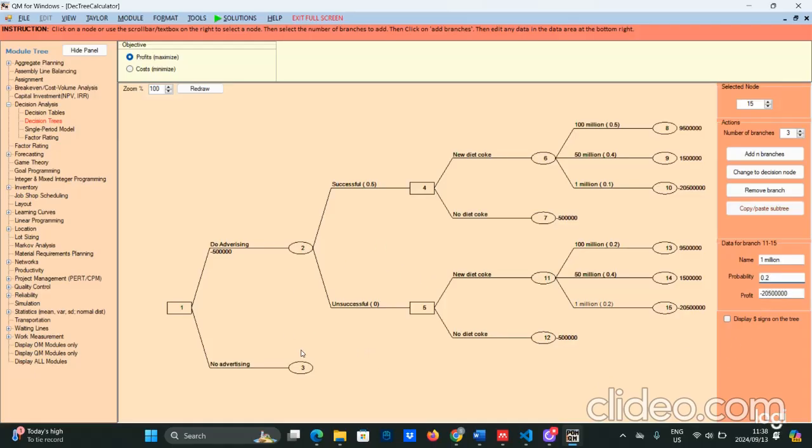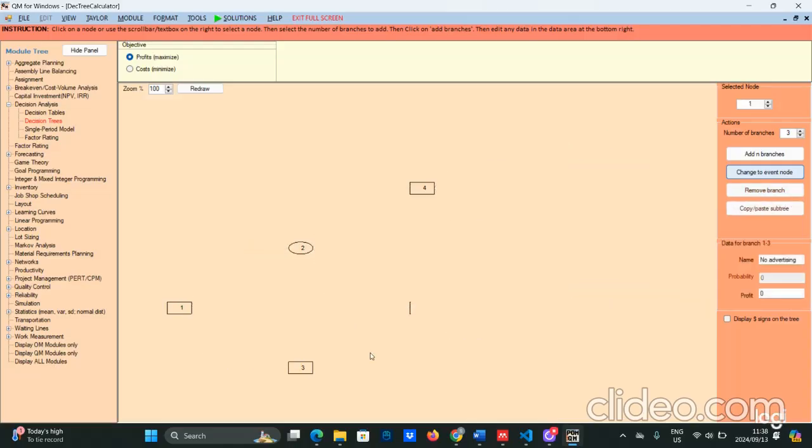And then we are done with our decision branches where they do advertising. Coming back to this side, let's say they decide not to do any advertising. If they don't do advertising, they'll have a decision node.